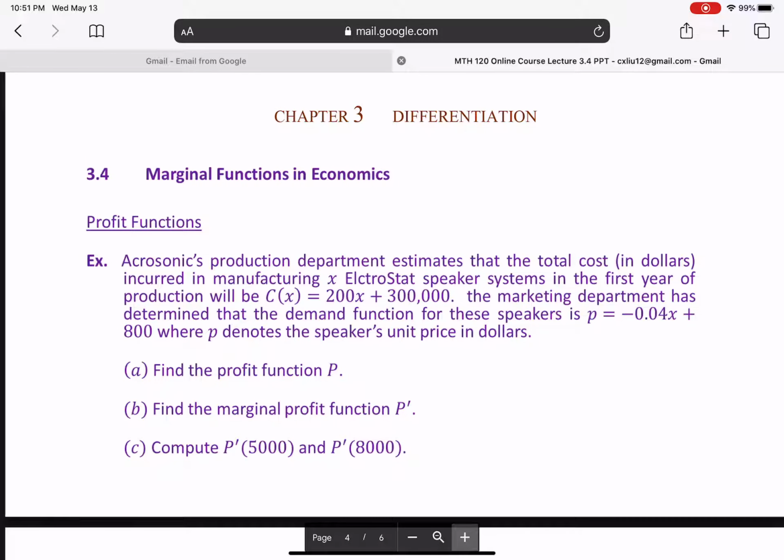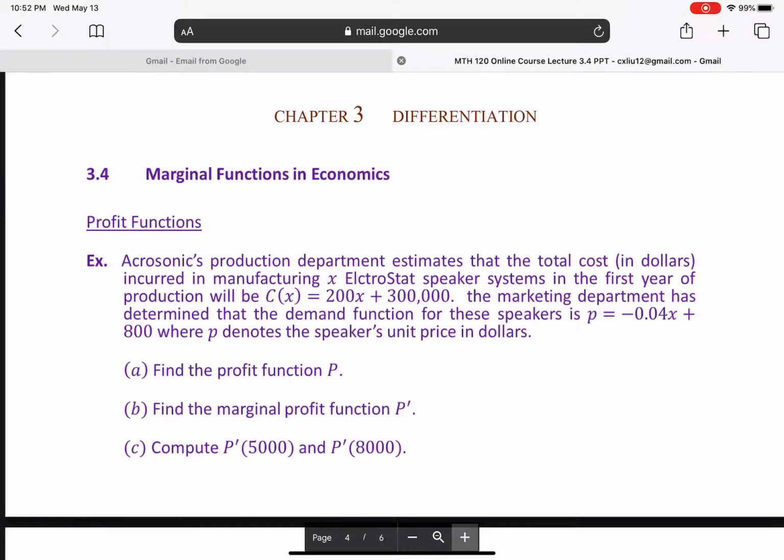Acrosonic's production department estimates that the total cost in dollars incurred in manufacturing X electrostatic speaker systems in the first year of production will be C of X equal to 200X plus $300,000. And the marketing department has determined that the demand function for these speakers is P equal to negative 0.04x plus 800, where P denotes the speaker's unit price in dollars.